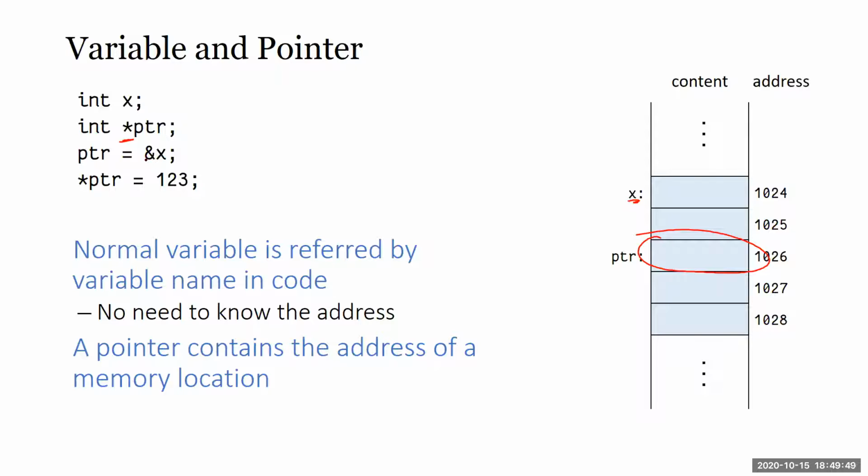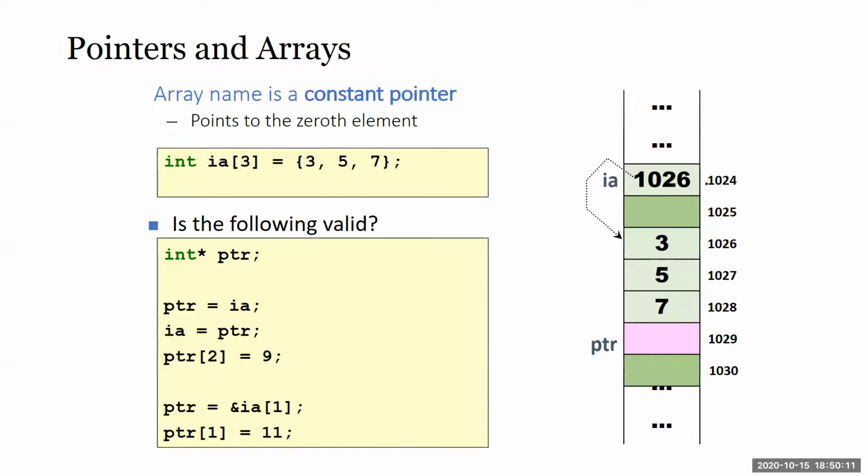So if you say pointer is the address of x, and x's address is 1024, the pointer will contain 1024. If you say star pointer equals 123, it will go to address 1024 and put 123 there. This one we have gone through before.